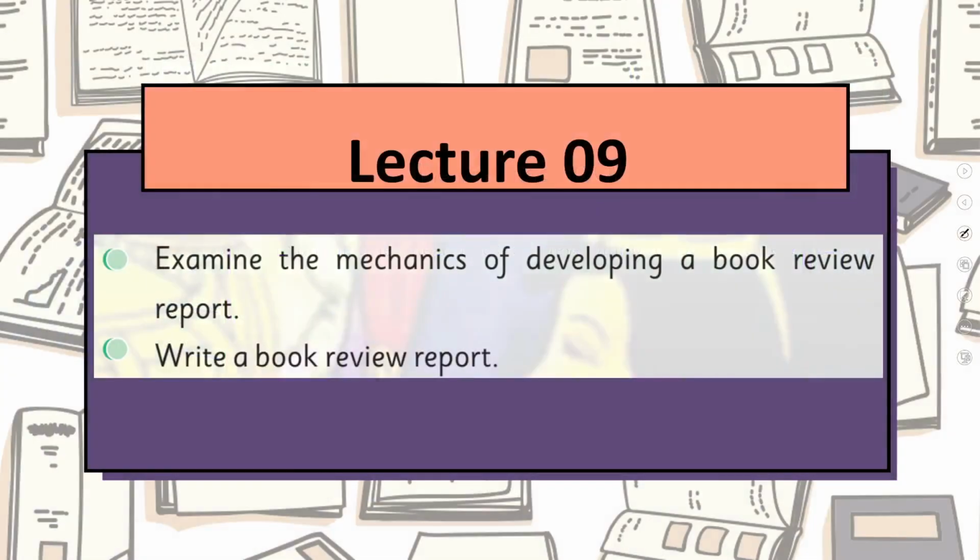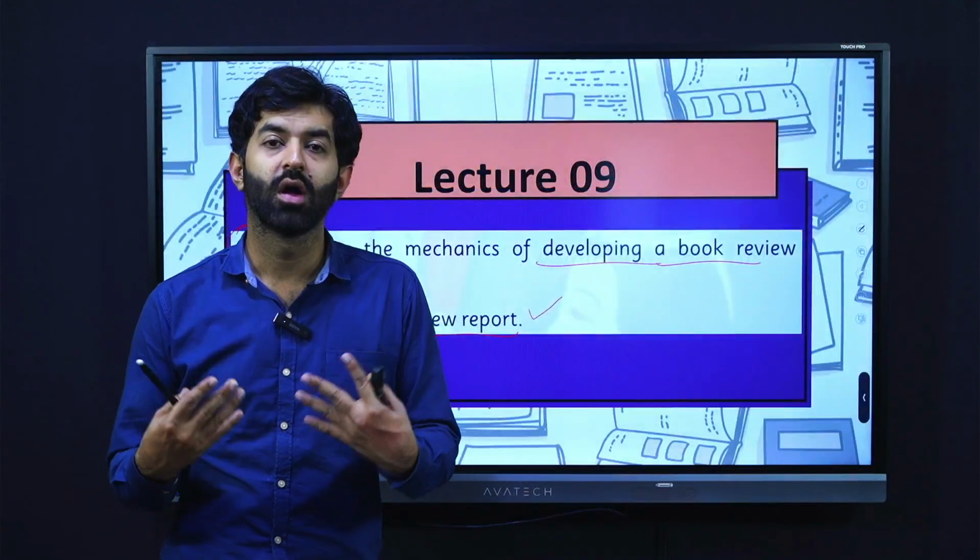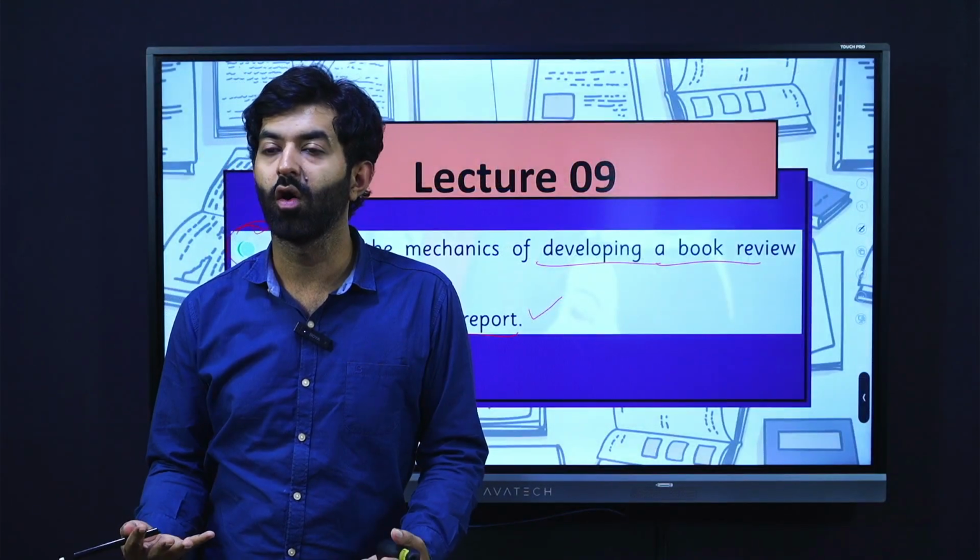And next up, we have to examine the mechanics of developing a book review report. This is related to writing, and we will see how we write a book review report. These are the two SLOs, and they are linked. Book reports tell us the understanding of the reader.